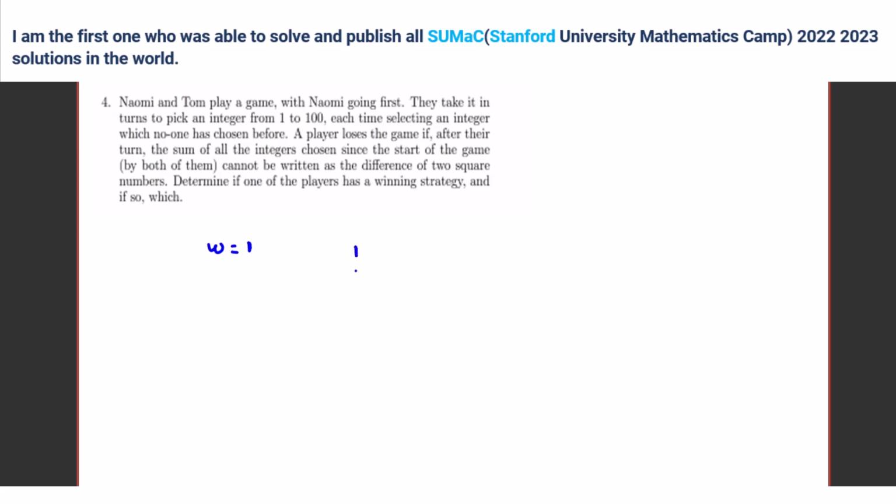Or we can start from 1: 1, 5, up to 97; 2, 6, up to 98; 3, 7, up to 99; 4, 8, up to 100, right? Then the first player won't select from this column. This column is bad, right?